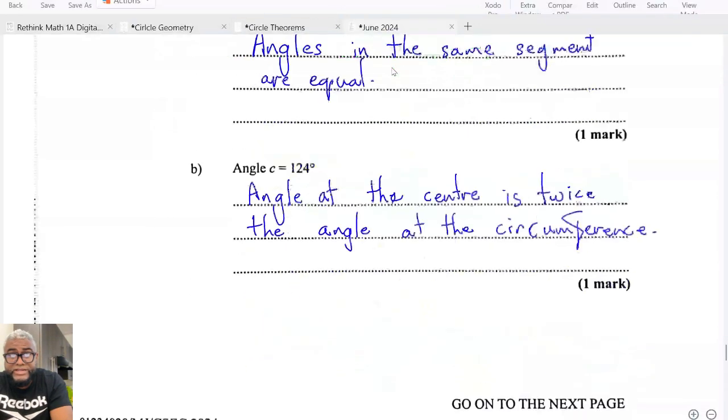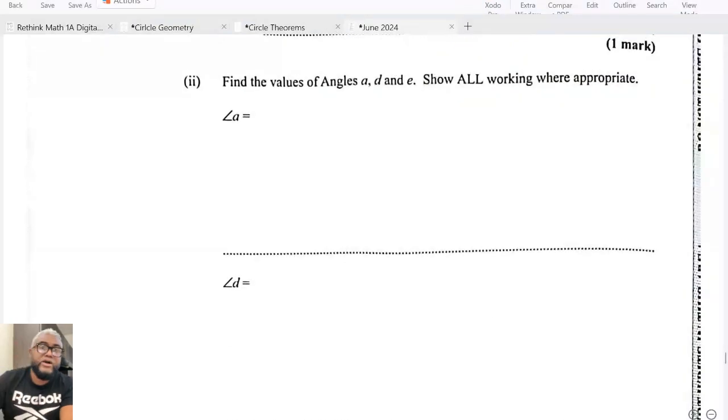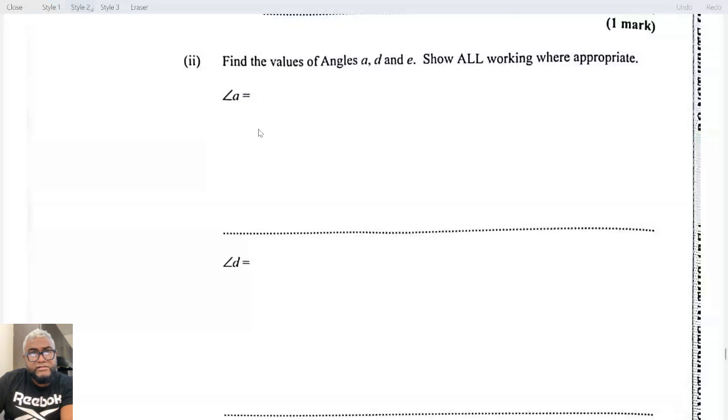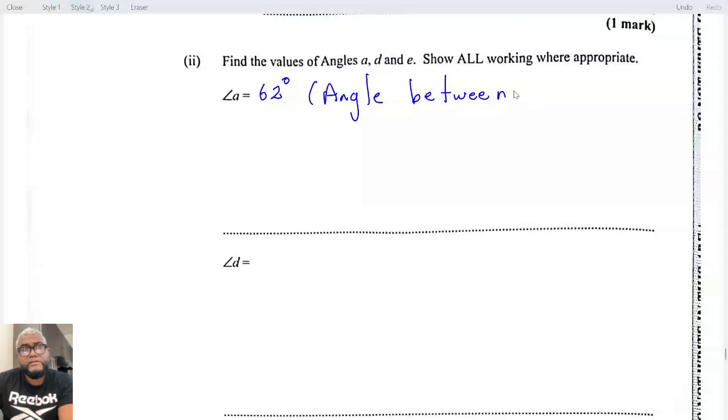So let's write that in, please, guys. Let me get a pen. Right. So A is equal to 62 degrees, and the reason would be angle between... They didn't ask for reasons, but they put show all workings as appropriate, so I just put my reason, because all we have is a reason here.